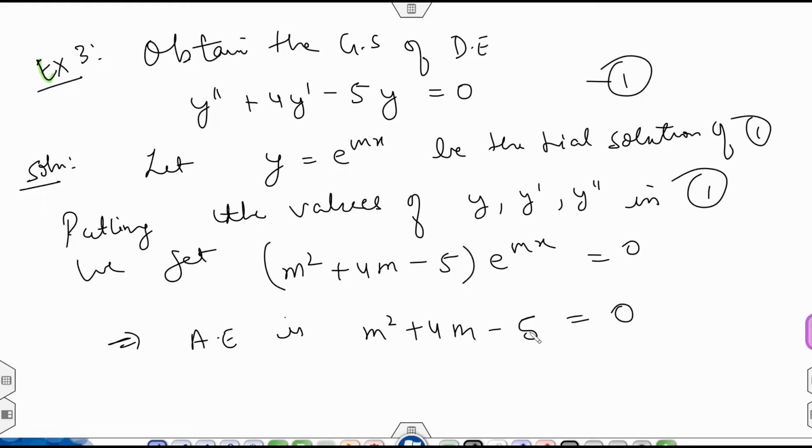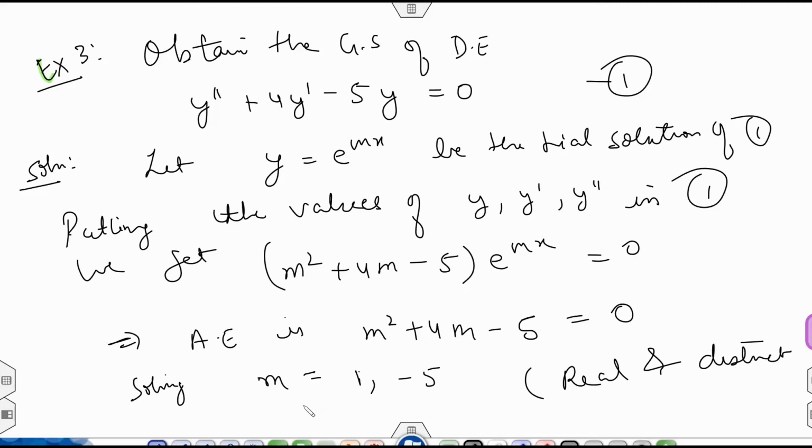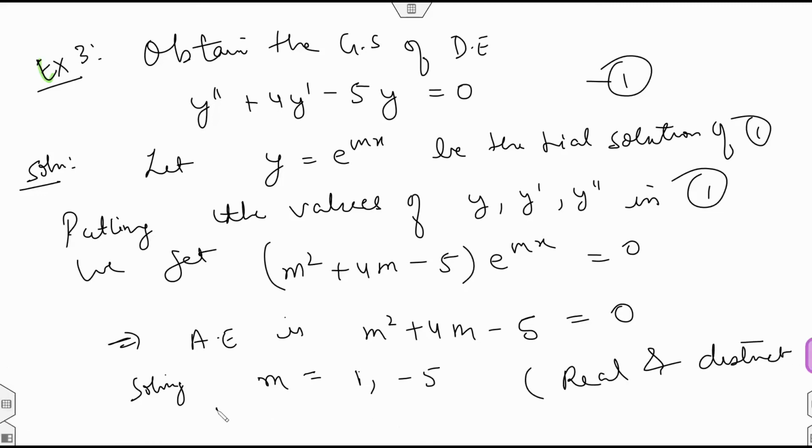Now if you solve this, what are you getting? You are getting two roots, that is m is coming out to be 1 and minus 5. These are real and distinct. So what will be your yg in this case? Your yg will be equal to c1 e to the power m1x and c2 e to the power m2x.